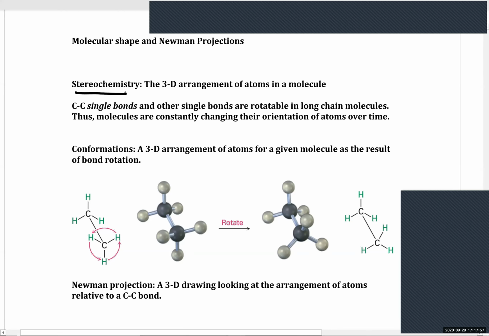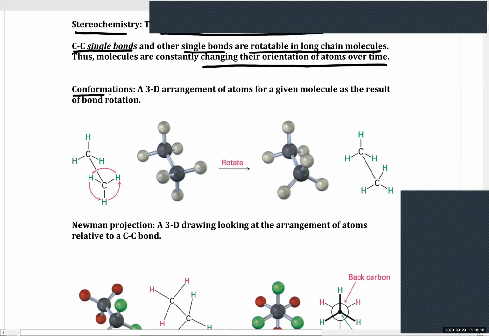So stereochemistry refers to the three-dimensional arrangement of atoms in a molecule. Carbon-carbon single bonds and other single bonds are rotatable in long chain molecules. Thus, molecules are constantly changing their orientation of atoms over time. Now, a conformation refers to a 3D arrangement of atoms for a given molecule as the result of bond rotation.